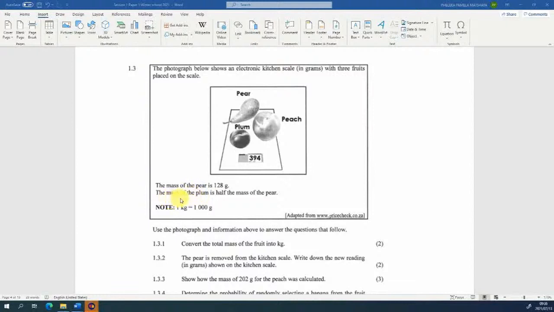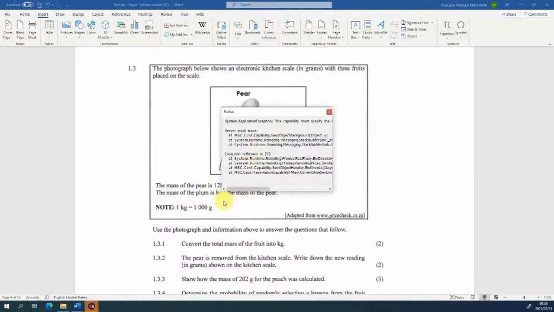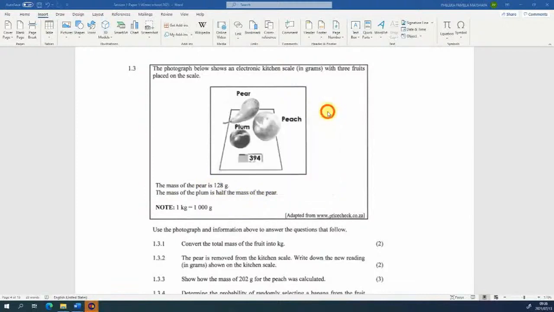The mass of the plum is half the mass of the pear. You can immediately work out that because they will never give you a sum or a statement. They give you a statement without the need for you to work with it.